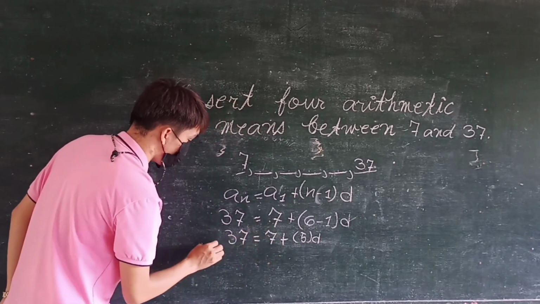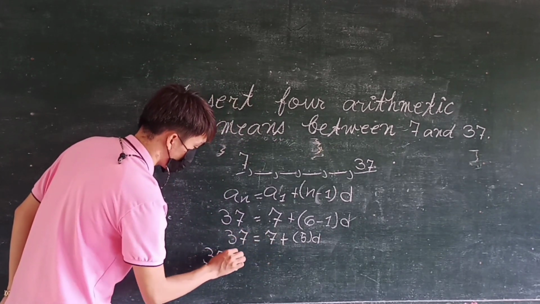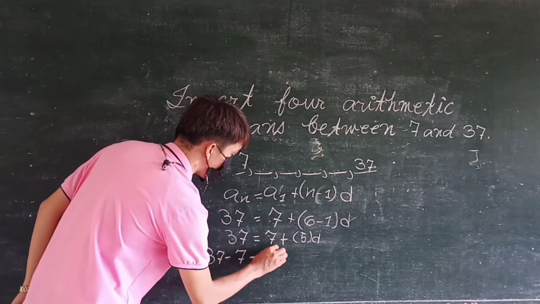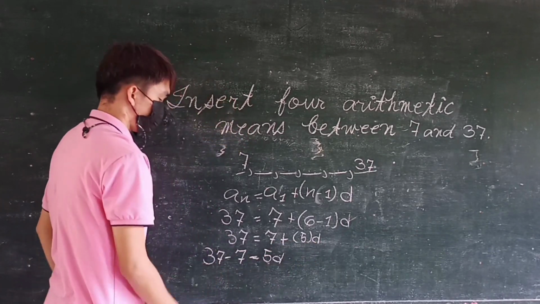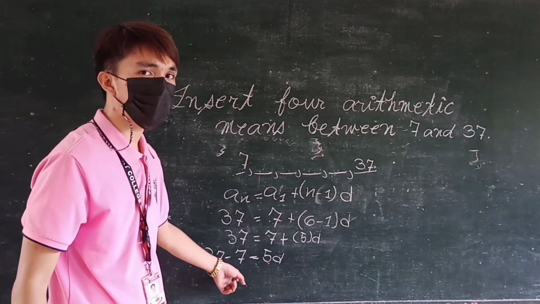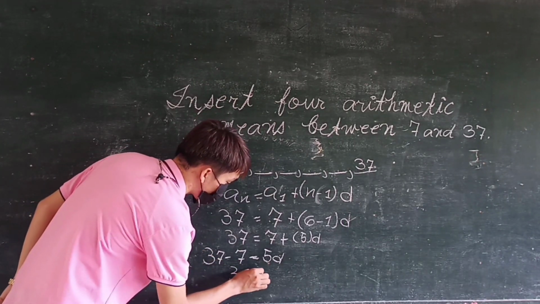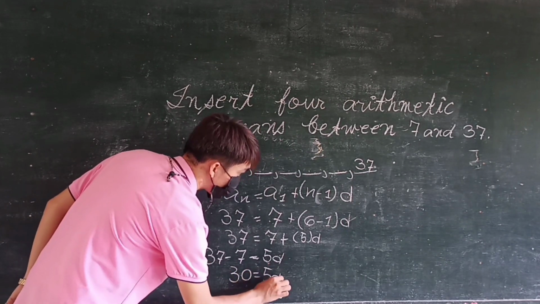So transpose 7 to the other side. This will become negative 7. 5 times d is equal to 5d. 37 minus 7 equals 30.